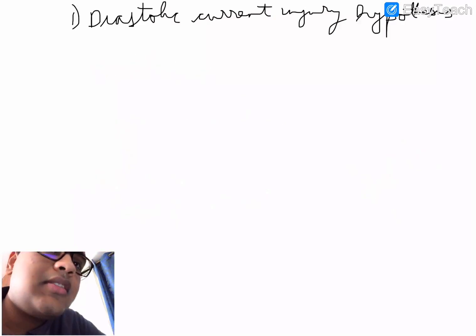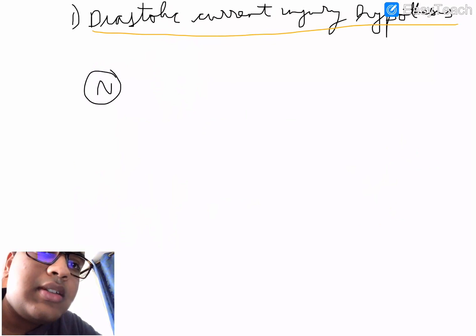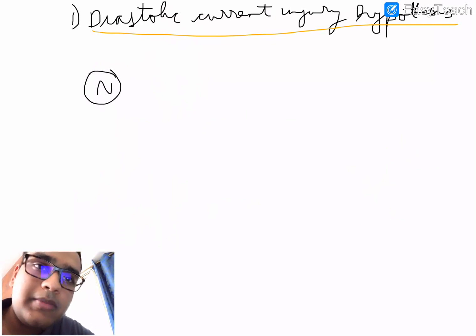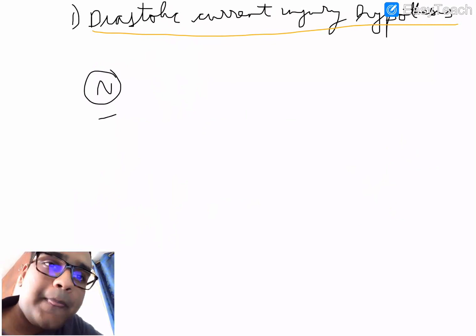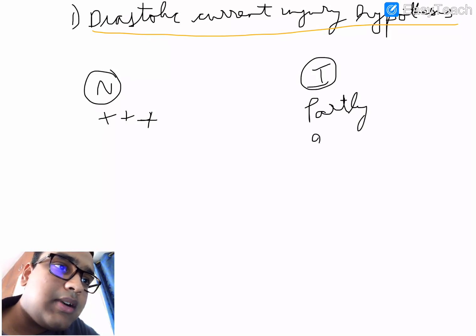In the first theory, the diastolic current injury hypothesis, the main thing you have to remember is that normally there is normal depolarization followed by repolarization, whereas in a cell with ischemia, it is partly depolarized.